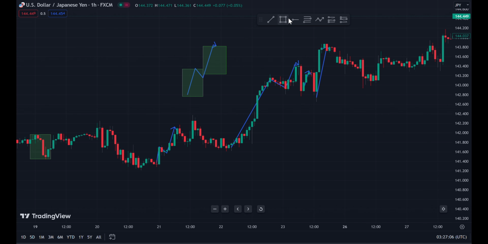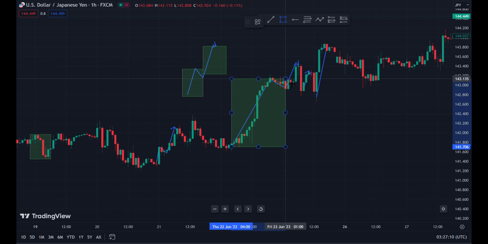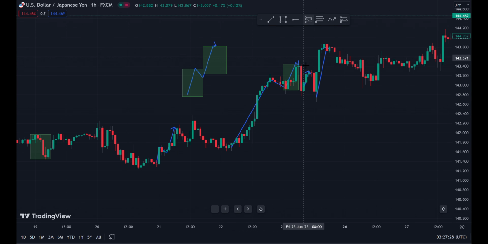But if you check this one, because we can't consider this as a first rally, and this one, they are way different in size. That's what I mean. So that is how to get the rally movements when they are the same size. Hope you have understood that.